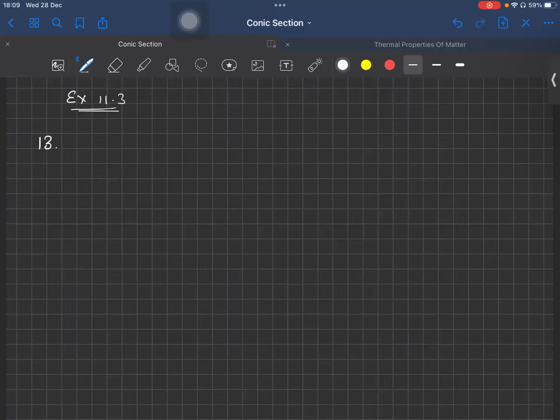Here, ends of the major axis are given: plus or minus 3, 0, and foci is plus or minus 4, 0.